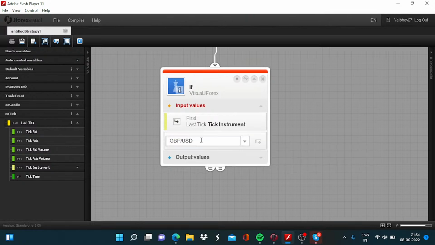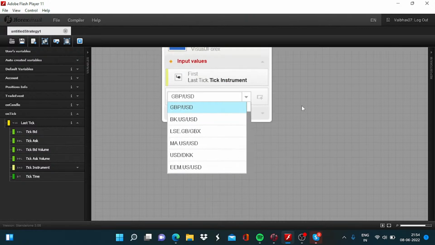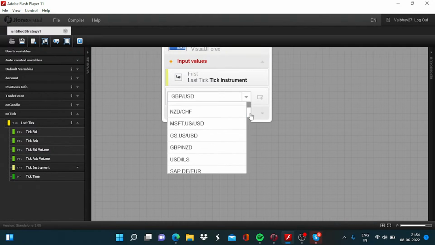So I have to search for Euro USD, as we are working with the Euro USD as the instrument of choice. Let me find it.